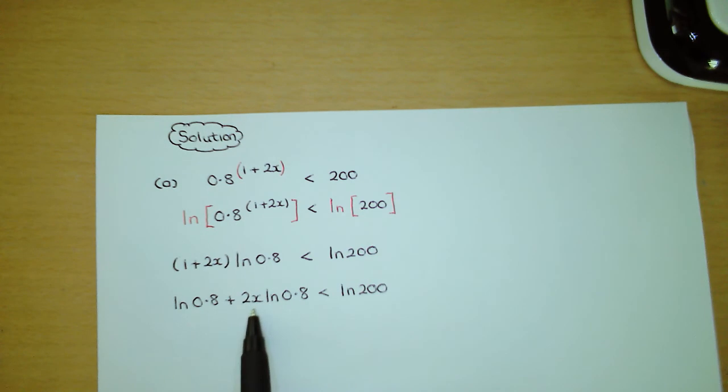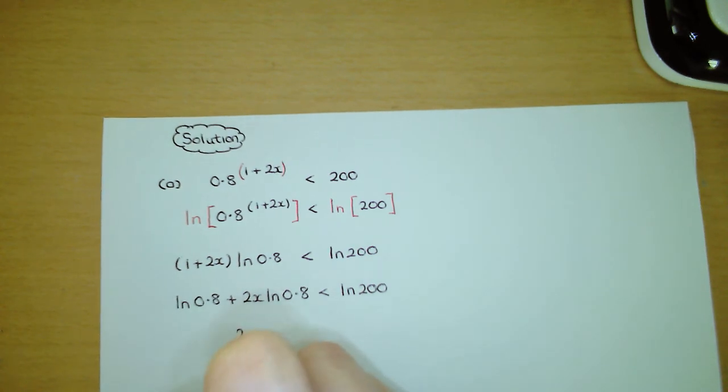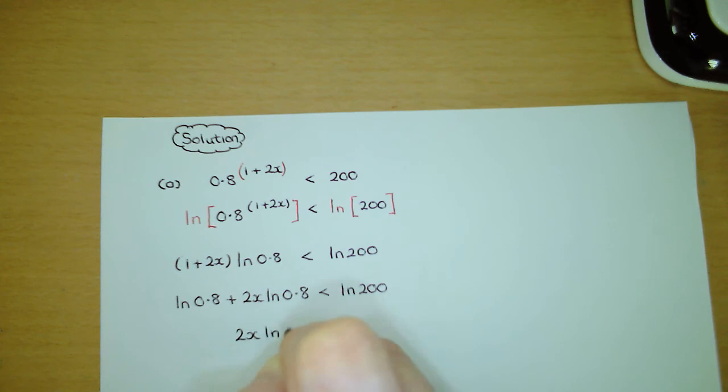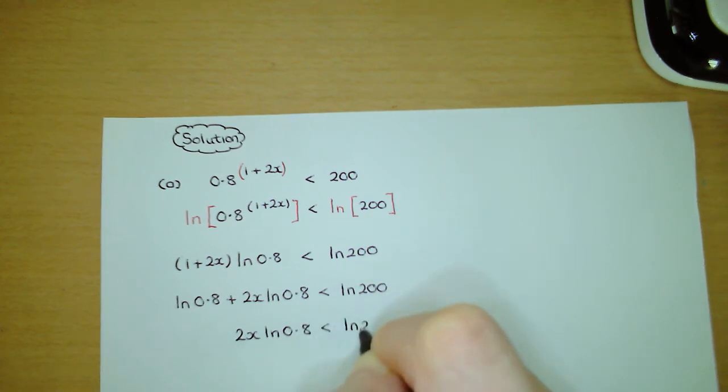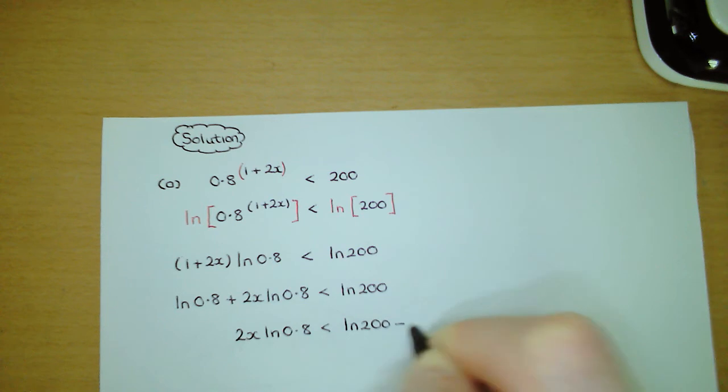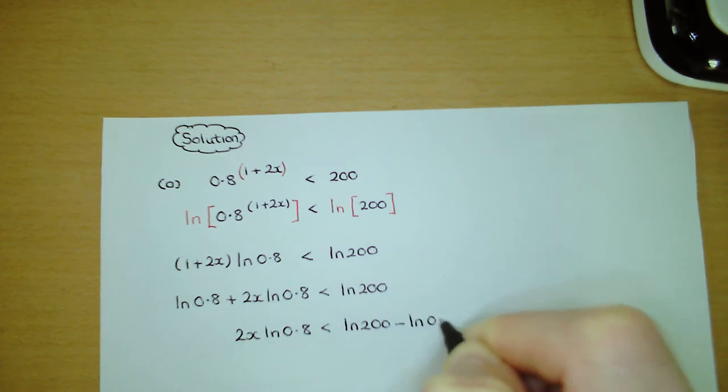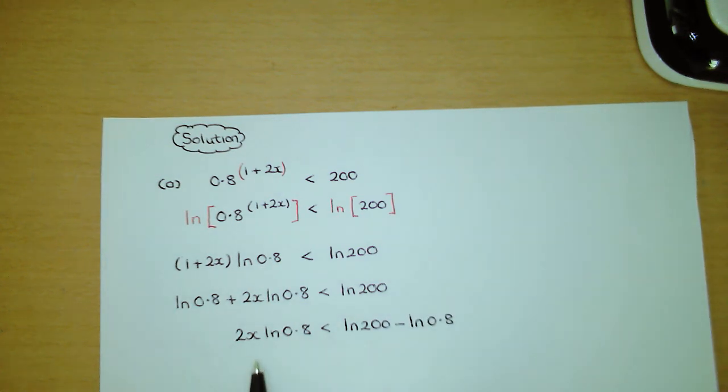Okay, going to get the x term by itself here, so going to shift natural log of 0.8 over. Now, to get x by itself, I'm going to divide both sides by 2 times the natural log of 0.8.